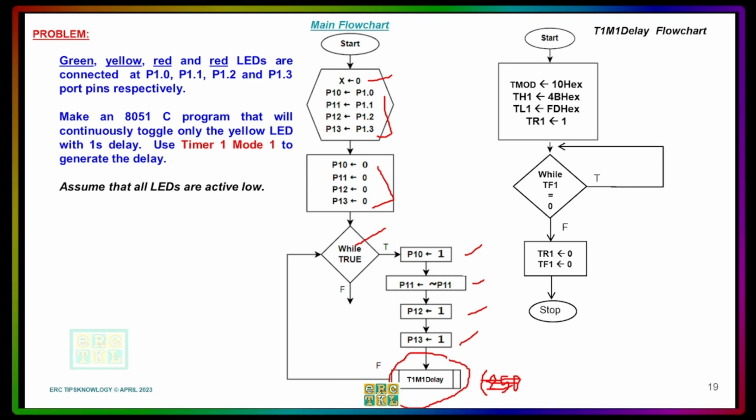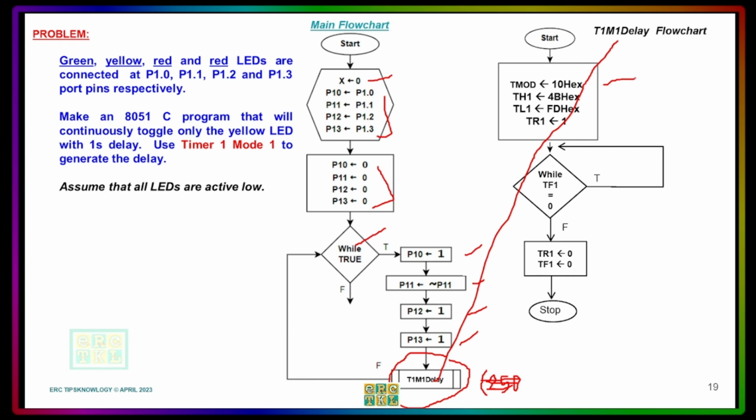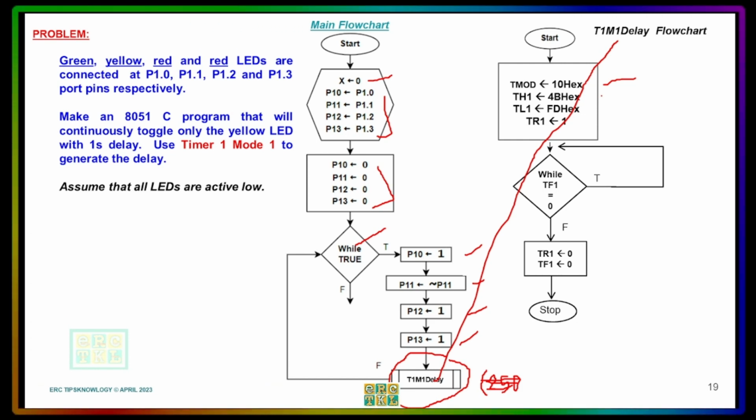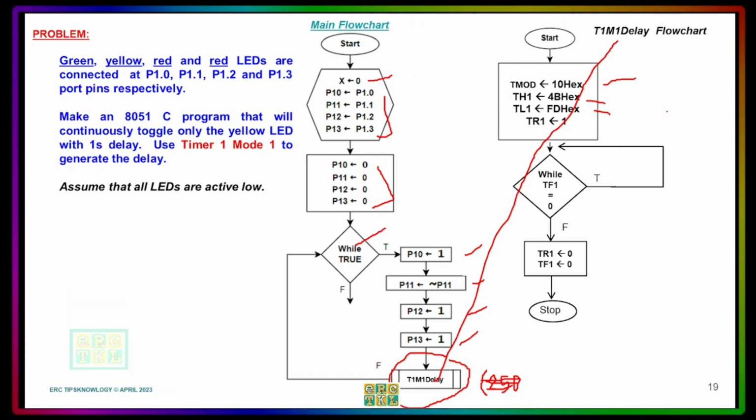So we have only T1 M1 delay, and it will call the T1 M1 delay, which contains setting the T mode to 10 hex, which will be making it as timer 1 in mode 1, and also timer 0 in mode 0, but particularly we will be using timer 1 mode 1, and then the 4BFD hexadecimal values for TH1, TL1. Again, you may also start with TL1 equals FD, and then TH1 equals 4B, whichever you prefer to start with. And then we run the timer, TR1 equals 1.